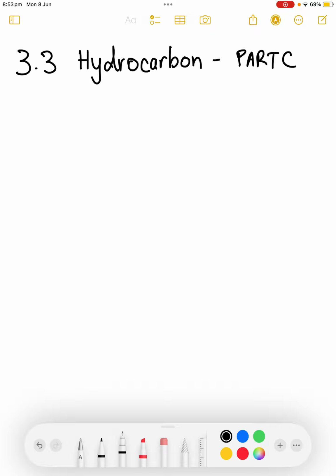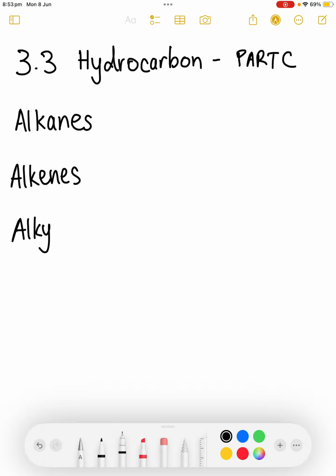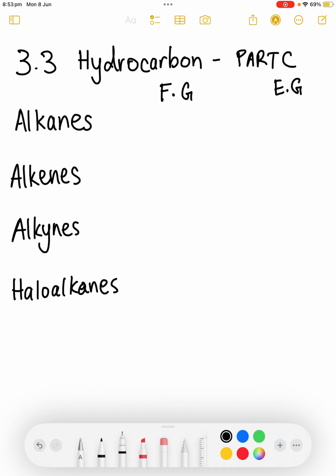So we've looked at alkanes. We've looked at alkenes. We've looked at alkynes. And we've looked briefly at haloalkanes, sorry. Now, their functional group, FG, looks like the following.